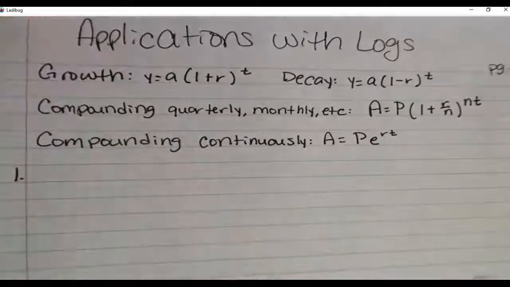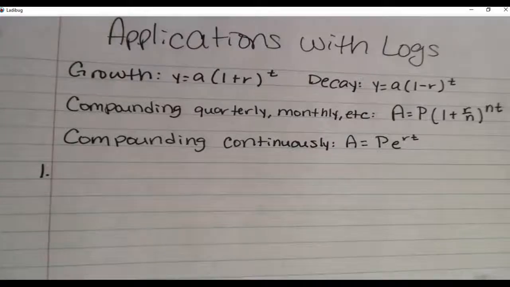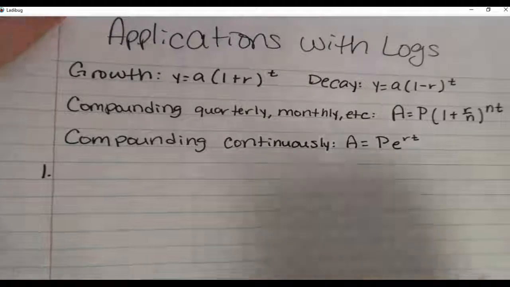So let's do one. And these are word problems, so bear with me. So our first one says, suppose a graduating class had 500 students the first year.